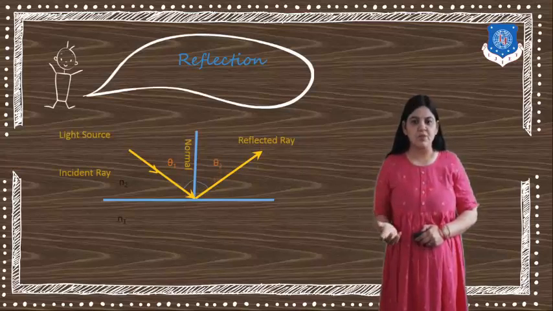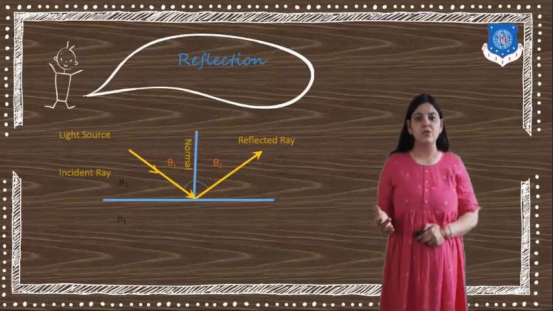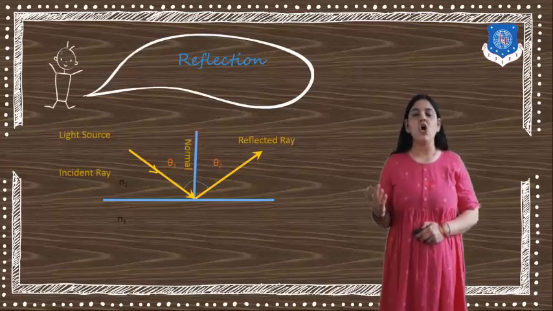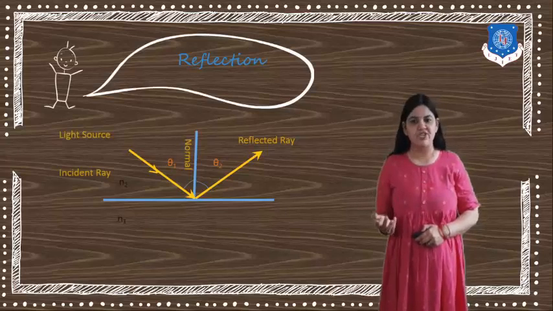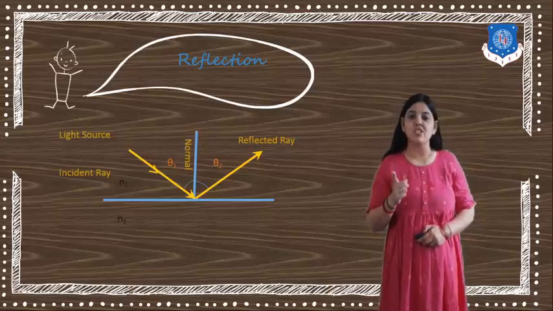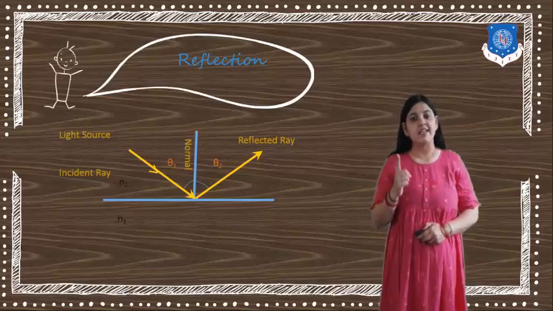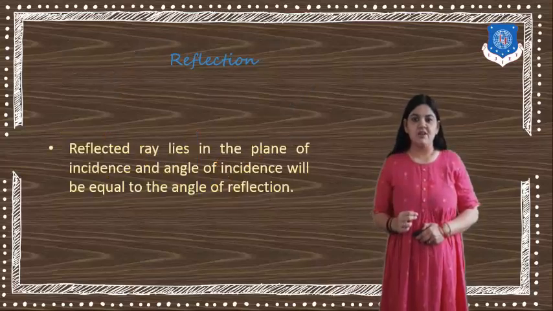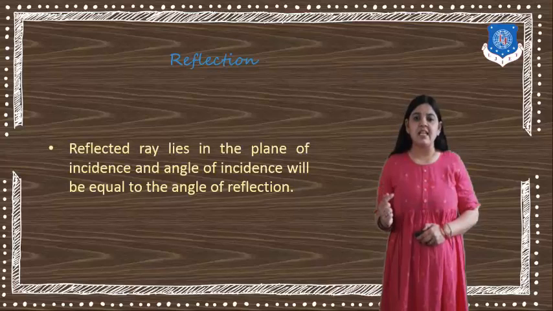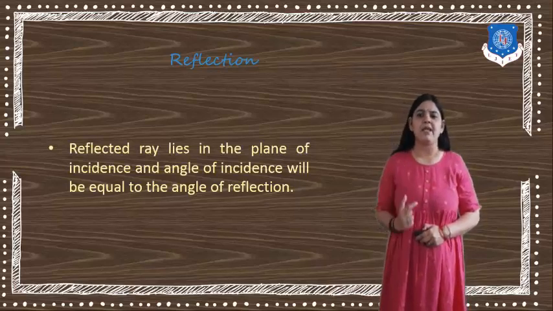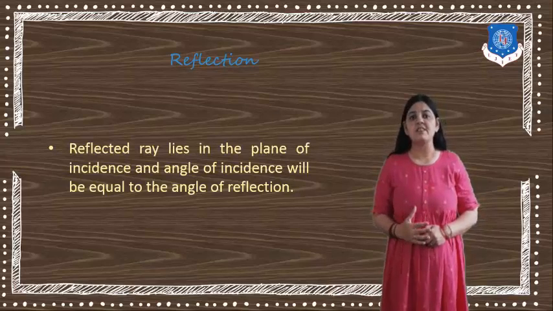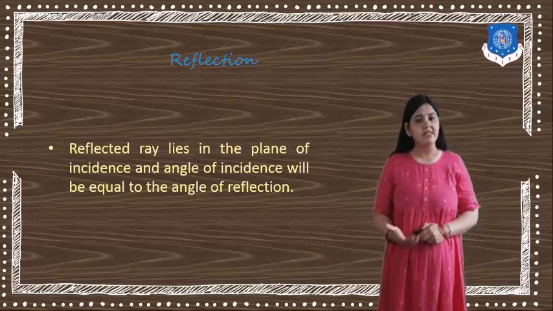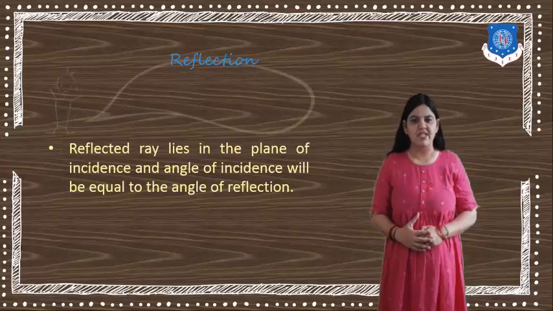So theta 1 and theta 2 are the angle of incidence and the angle of reflection. The reflected ray lies in the plane of incidence and the angle of incidence remains the same as the angle of reflection.